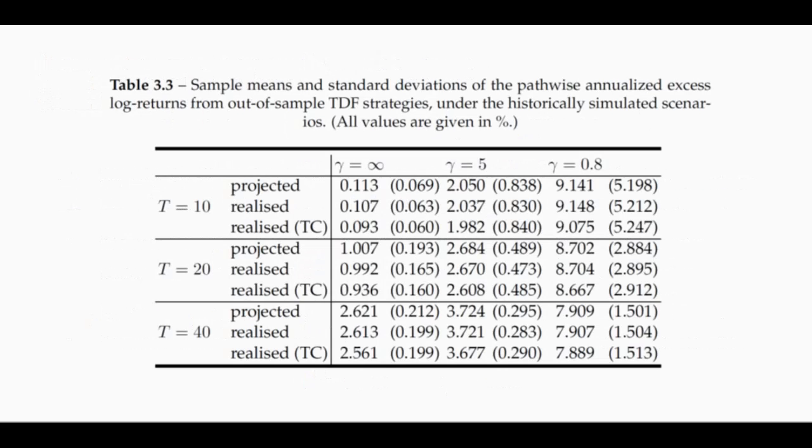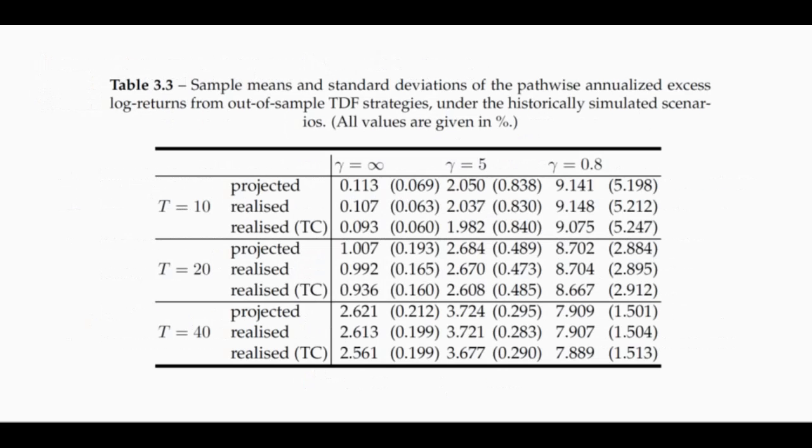We see similar patterns where for the investor seeking riskless returns, if the time horizon is 10 years, he is able to realize on average 0.1% of excess returns. For 20 years, that excess return becomes about 1%, and for 40 years, it becomes about 2.5%.